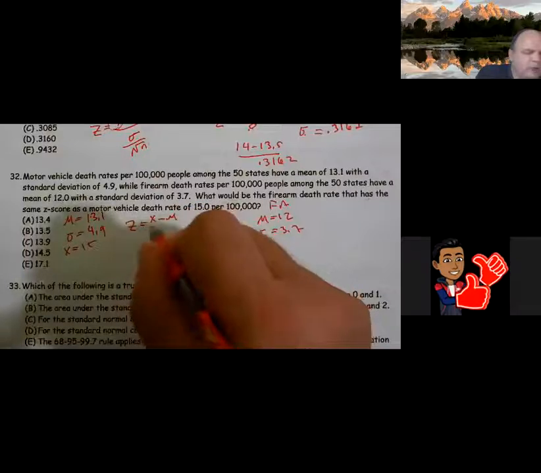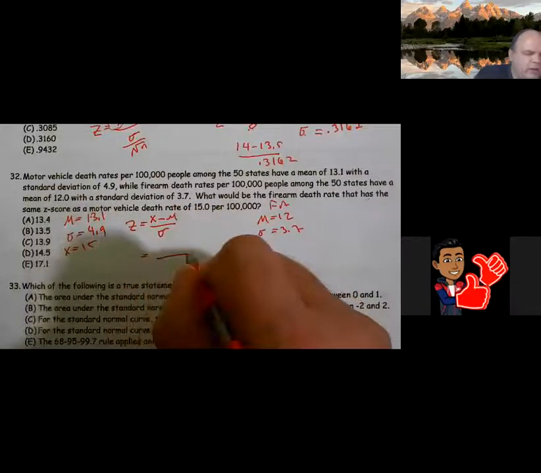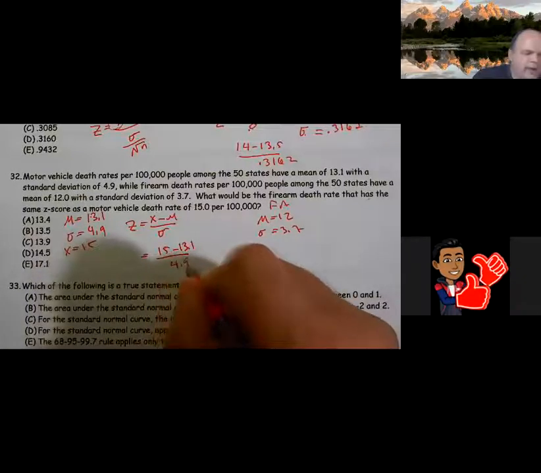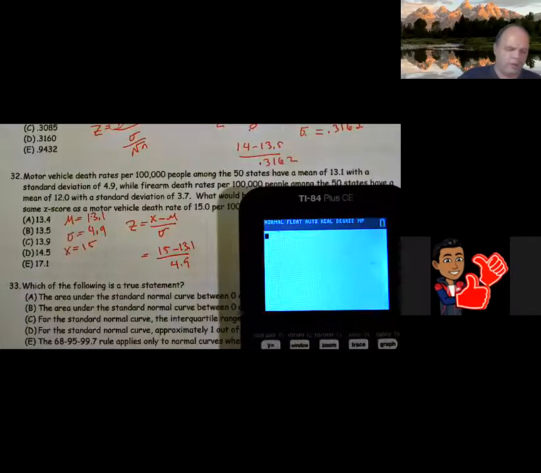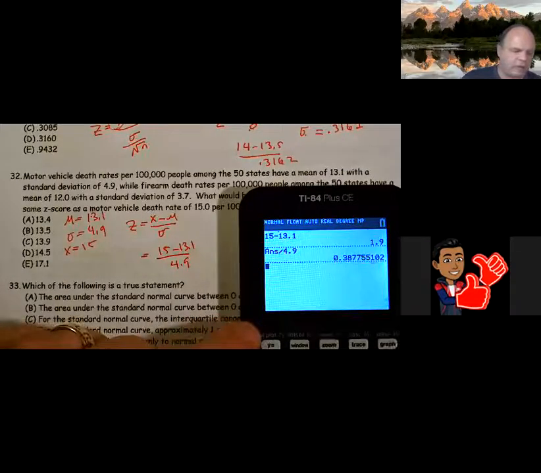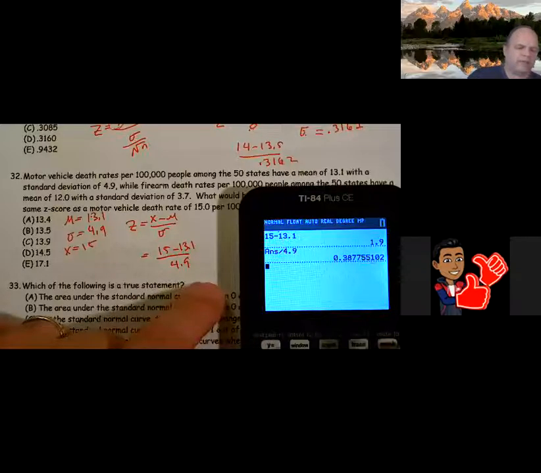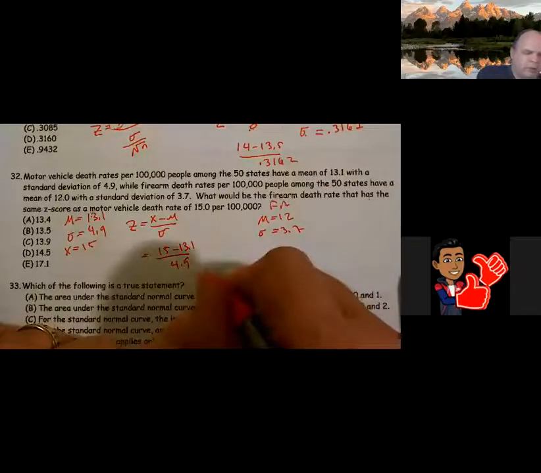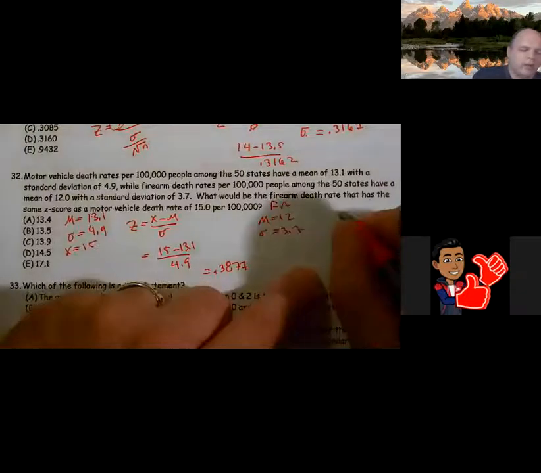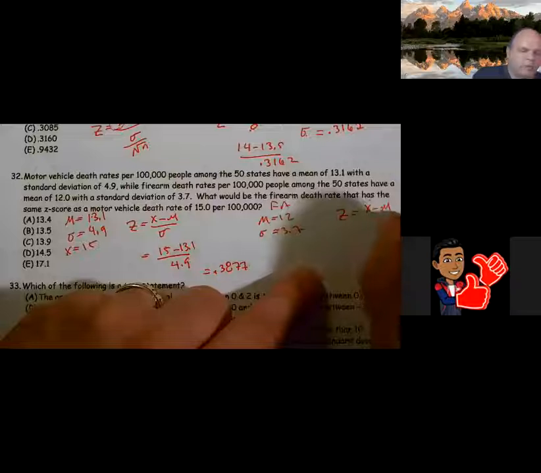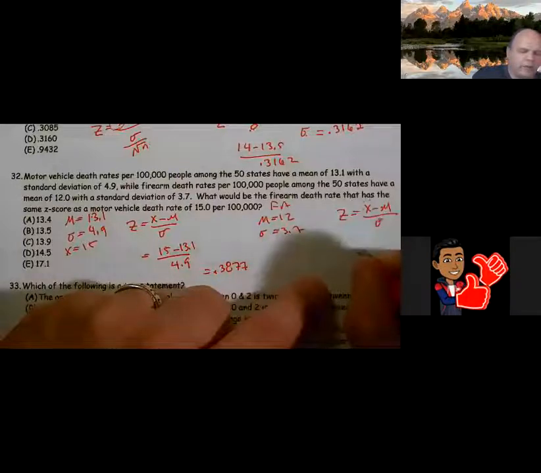So z equals x minus mu over sigma, which in this case is 15 minus 13.1 divided by 4.9. So I end up getting 0.3877.